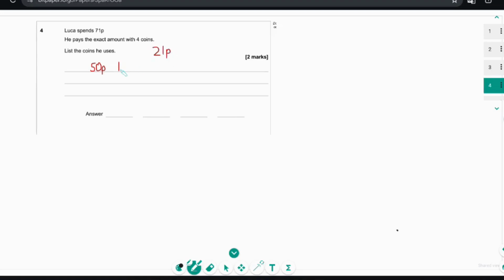So we really need to use a 1p. And so we need 2 more coins. So it could be 10p, 10p. So 50p, 10p, 10p, 1p.